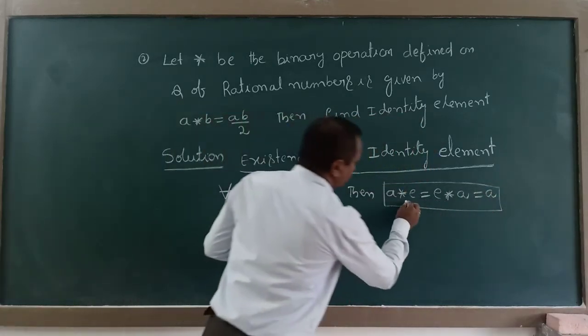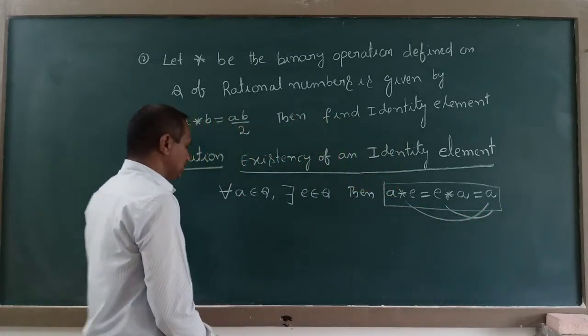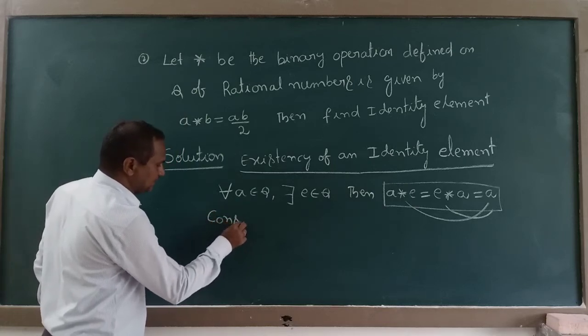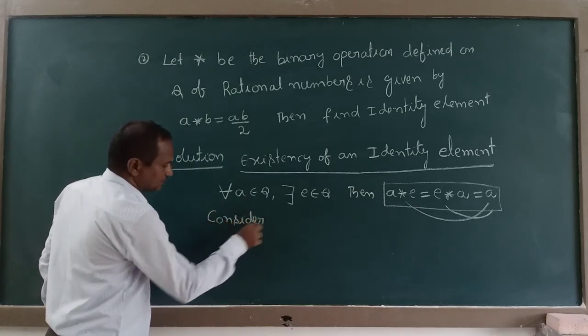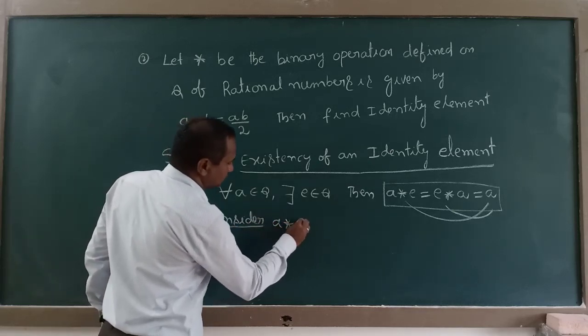First take these two, and afterwards take the other two. Consider A star E is equal to A.